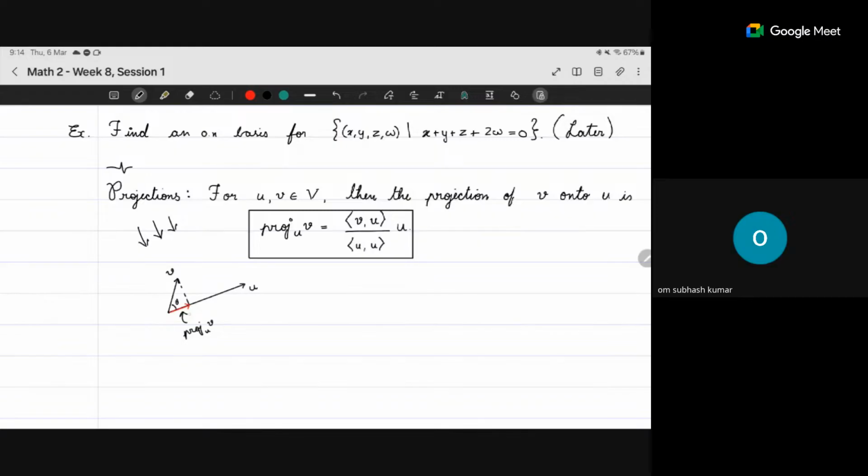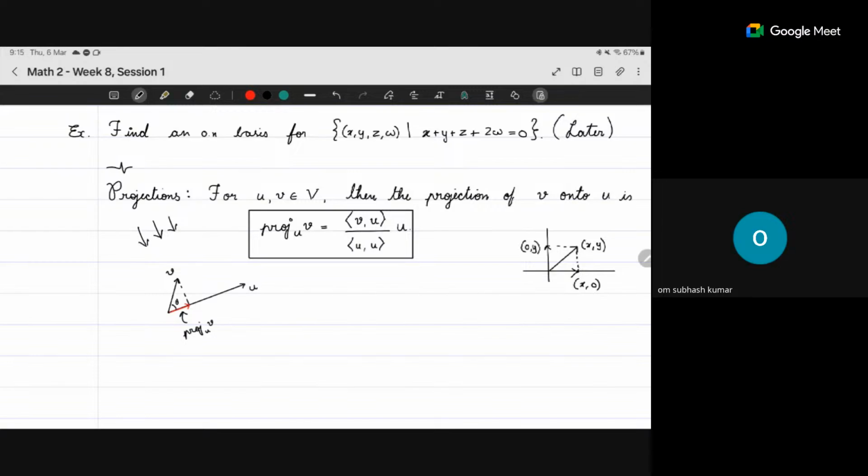If you look at the standard R2, and you have a vector (x, y), what is the component of it along the x-axis? This is (x, 0), right? Yes. And the component along the y-axis is (0, y). So this is for the standard axes.